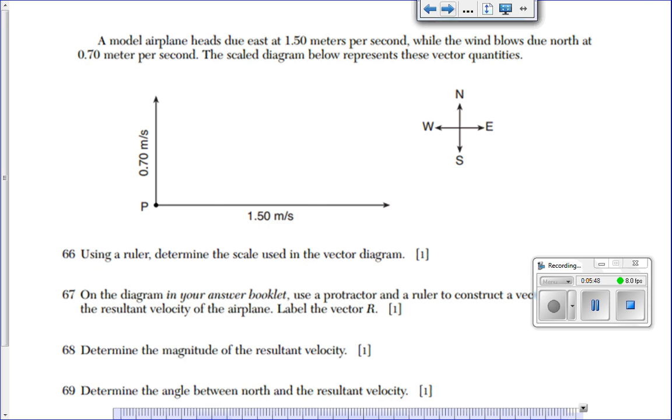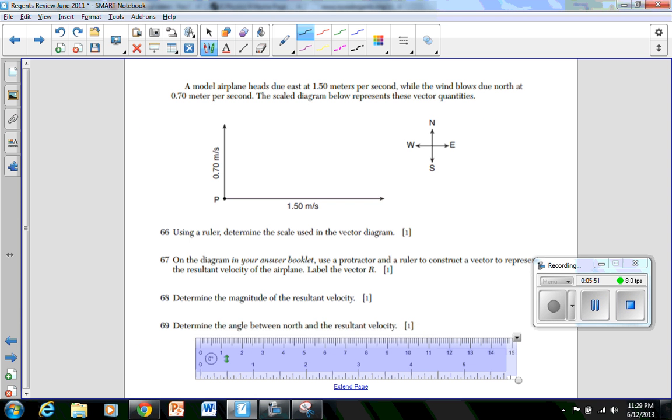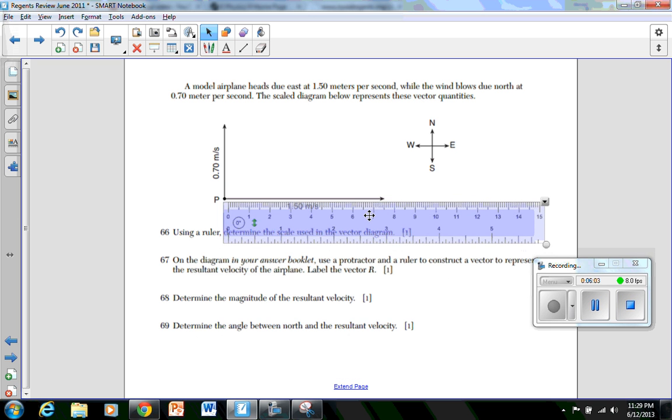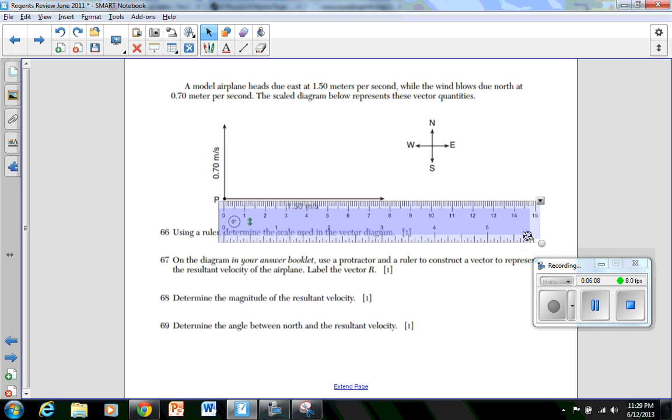This next question, we are using a scaled model, and if we take our ruler, we want to measure this vector here. This vector is 7.5 centimeters long.